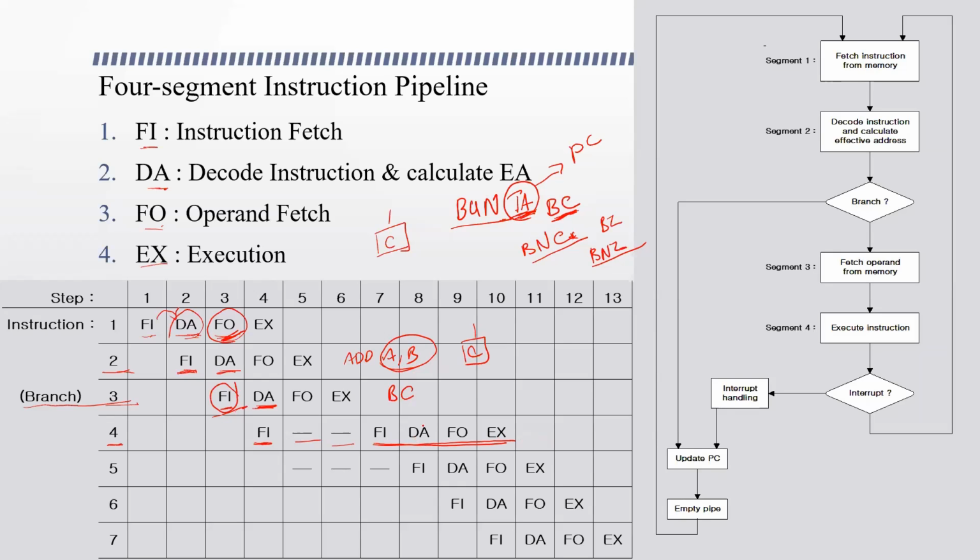The instruction at the target address is fetched from memory, decoded and executed, and this continues. But if you see this part here, the units are not utilized, right? The resources are not utilized, and in this part no operation is performed.